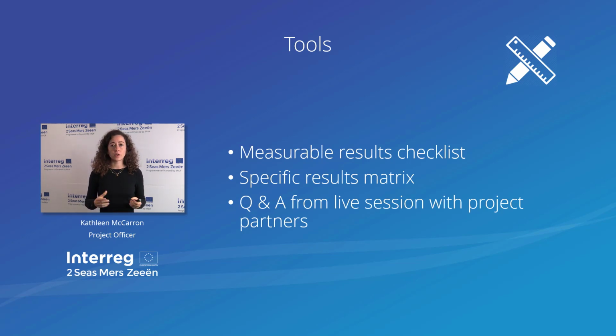There is also some additional guidance directly in the e-monitoring system. When you are filling in your annual progress report, you have some little bubbles that will give you more details on how to fill it in. Don't hesitate to use these.